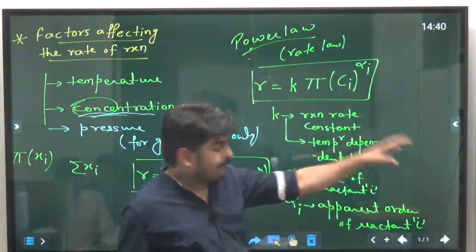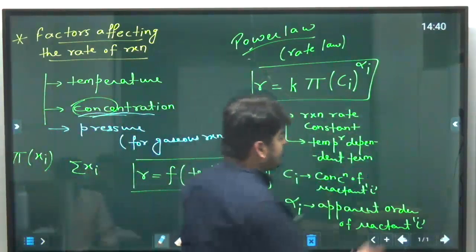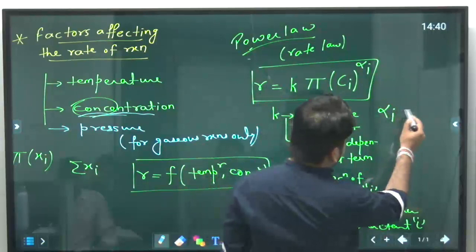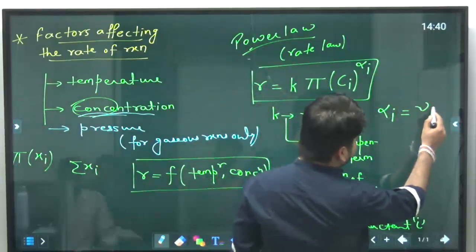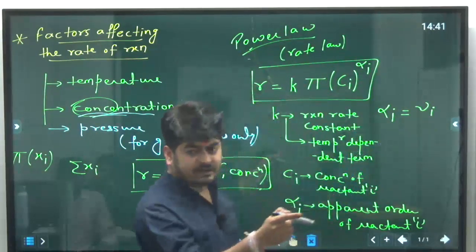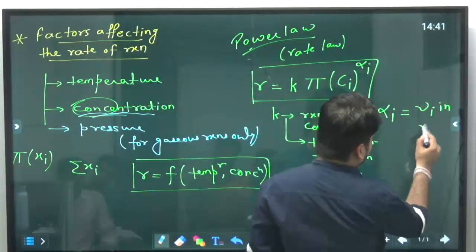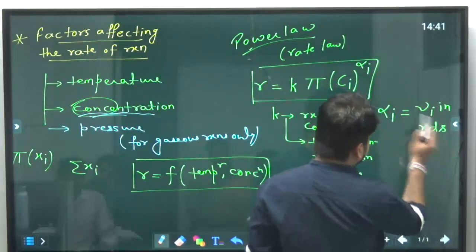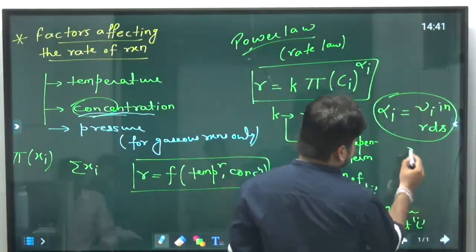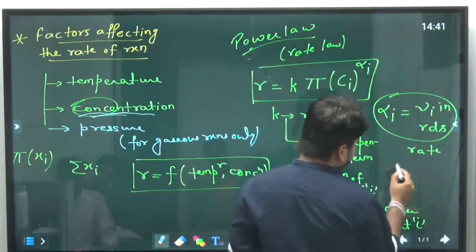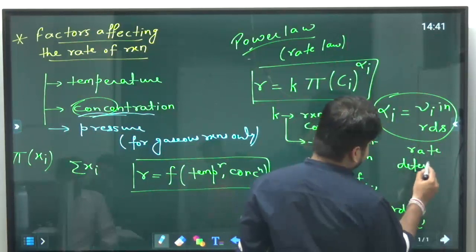According to power law, the apparent order alpha i will be equal to the stoichiometric coefficient of component i in the RDS, that is the rate determining step.